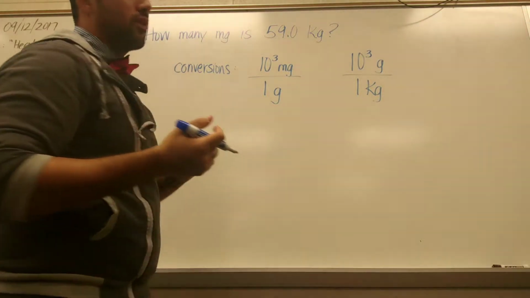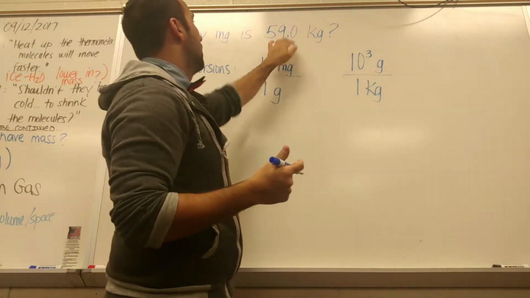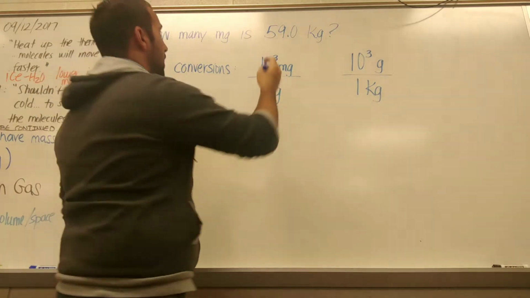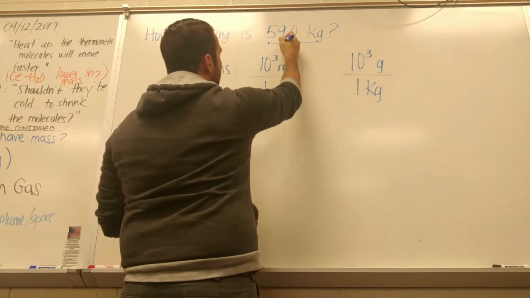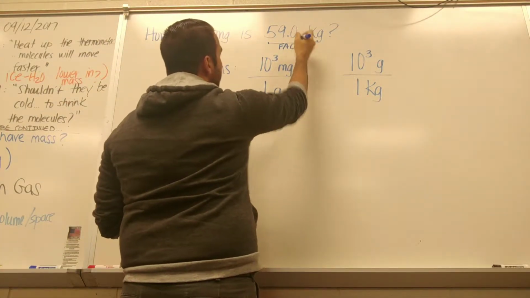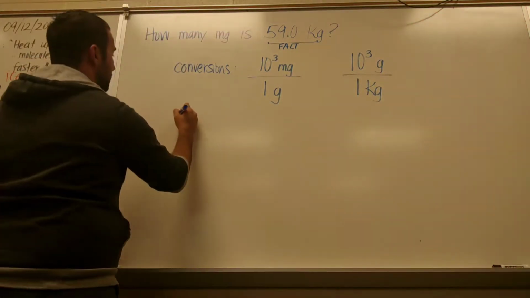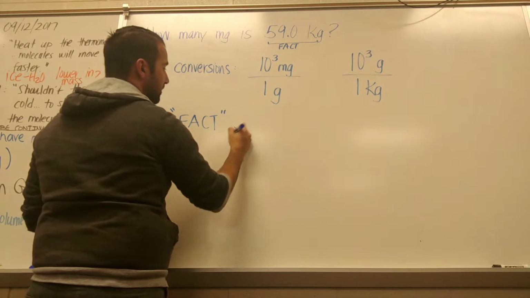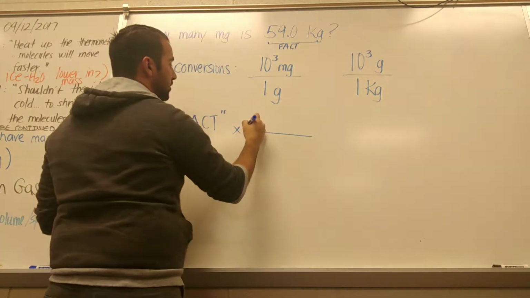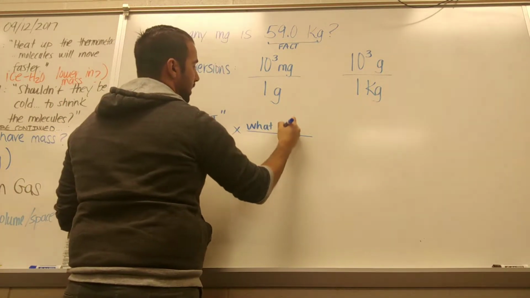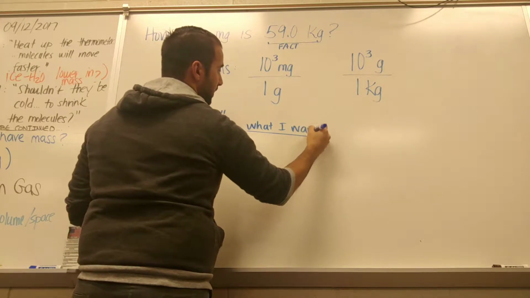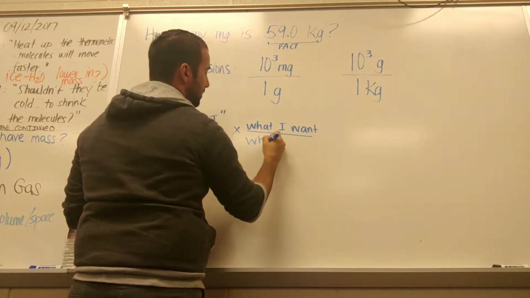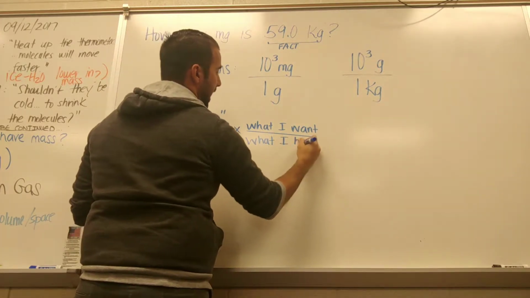So now I'm going to start with a unit that I know, 59 kilograms. This is my fact, I'm going to call it. If you remember, the template for dimensional analysis is we do the fact, which is the number that's given to us, and we multiply it times what I want divided by what I have.